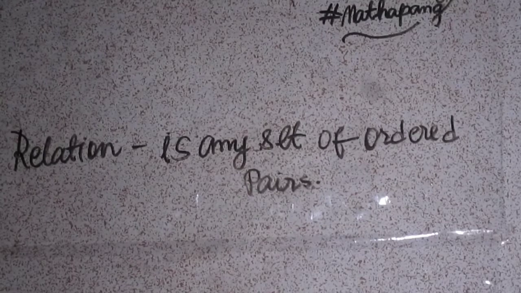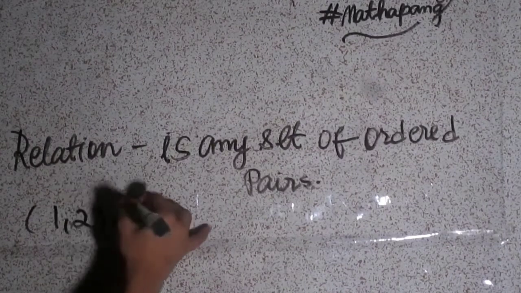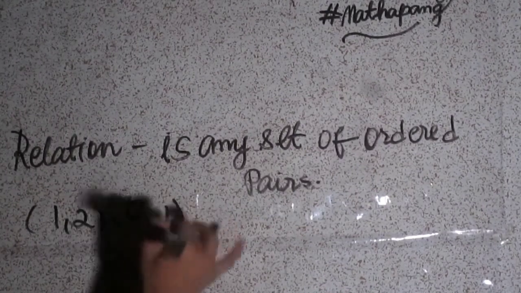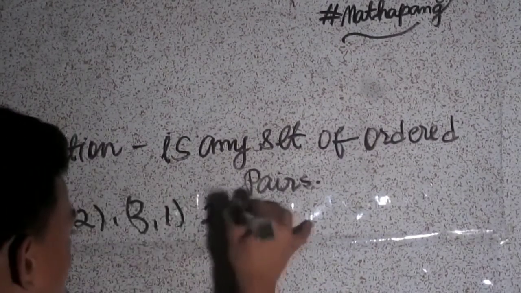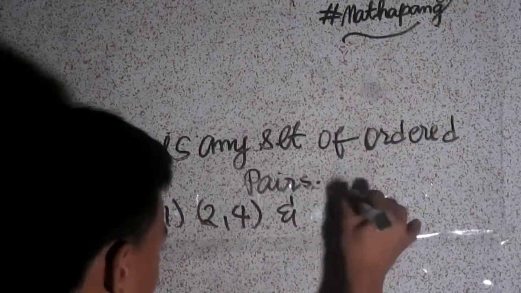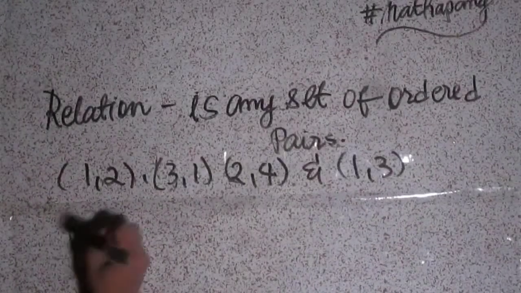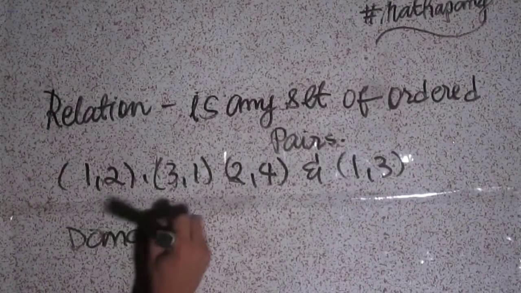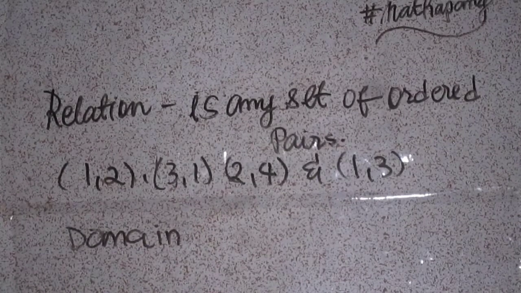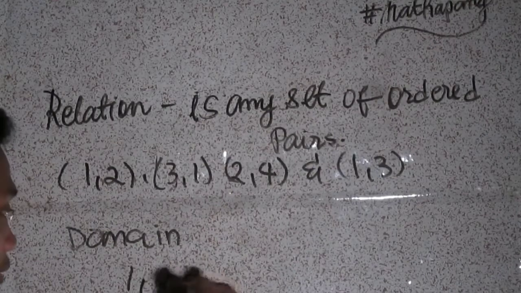For instance, if I have the set of ordered pairs (1, 2), (3, 1), (2, 4), and (1, 3). The domain of this relation is all of the x coordinates, which would be 1, 2, and 3.